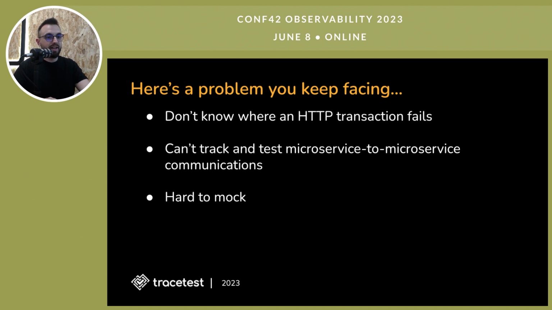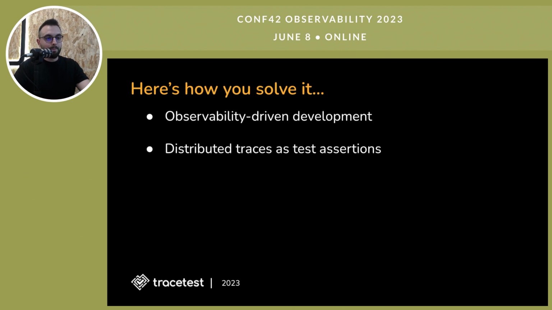The only real way I can do that is with tracing, because I can store tons of trace data, I'm actually getting value from that, and I can see what's happening. But how do we use that? How do we solve that problem with tracing? Well, we use something called observability-driven development, often called ODD for short. It emphasizes using this tracing instrumentation in your backend code as assertions for tests.